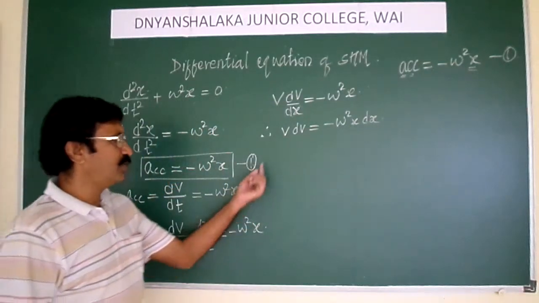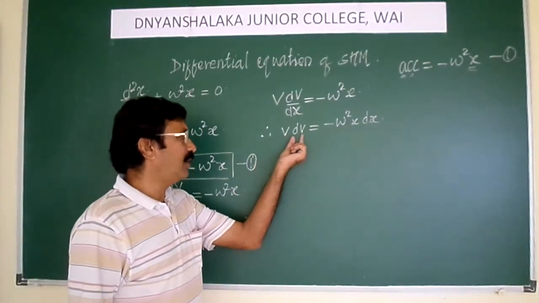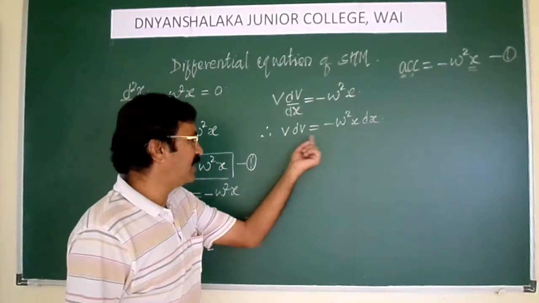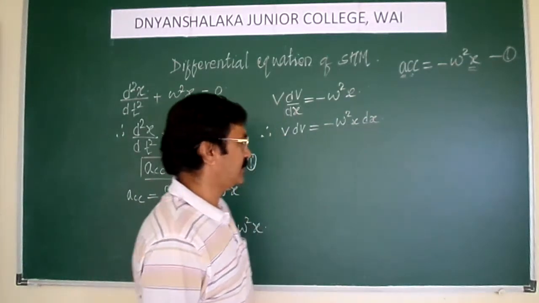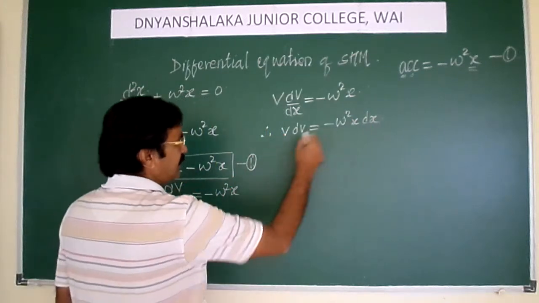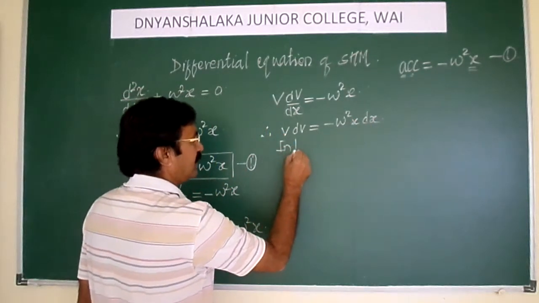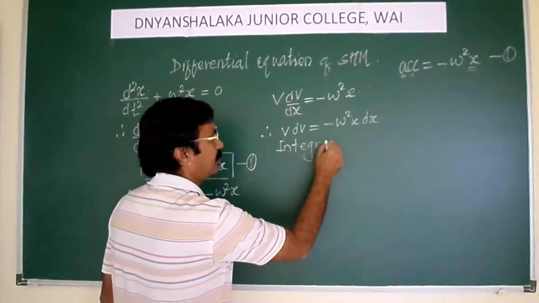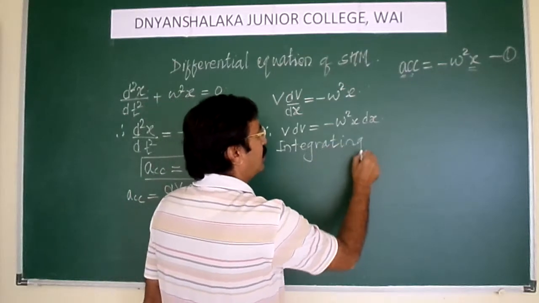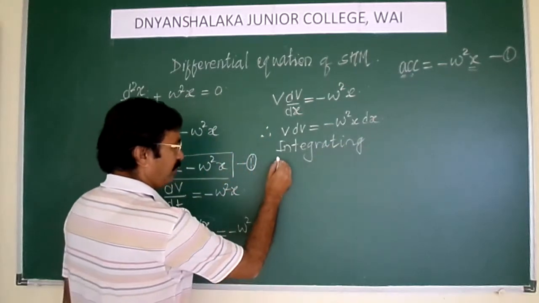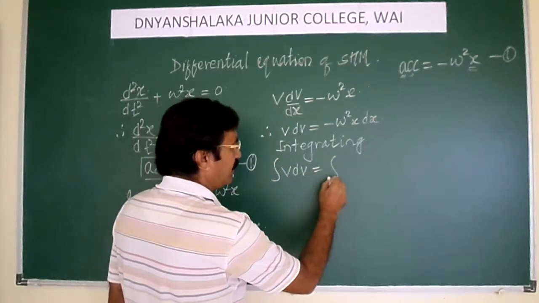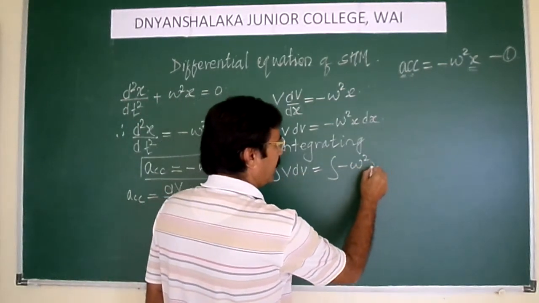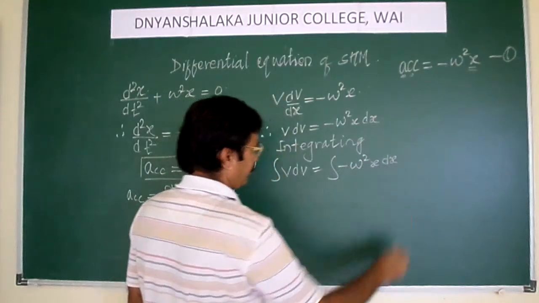Now here we see that v is with its small increment, that is dv, and x is with its small increment dx. Let us integrate on both sides. Integration of v dv will be equal to integration of minus omega square x dx.